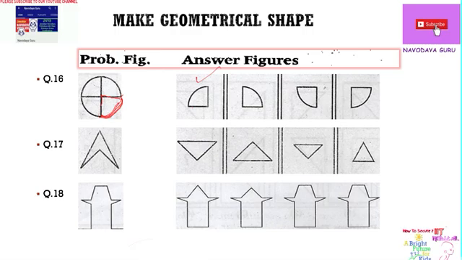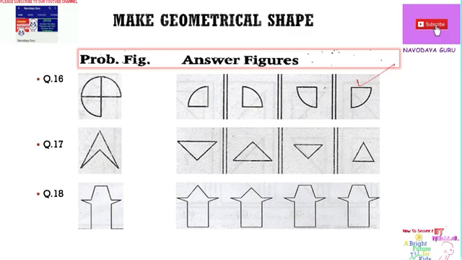Further, this particular shape is also circular and the two sides are matching. These two sides are alright and this is arc shape. These two sides are perfectly fine and this is arc shape. So seeing the size of this design, we can say this design is matching perfectly. So this is the answer for question number 16.